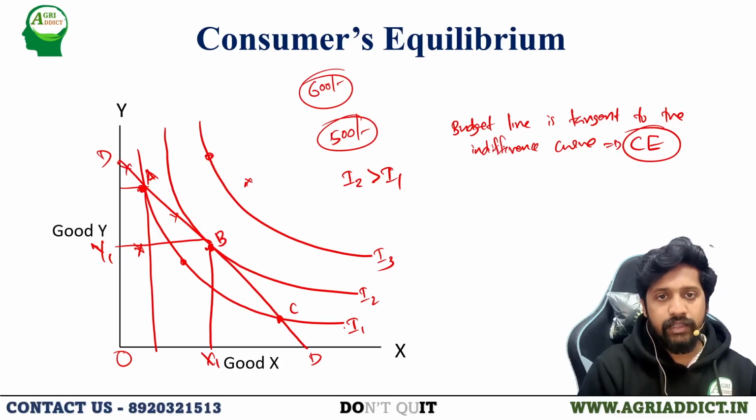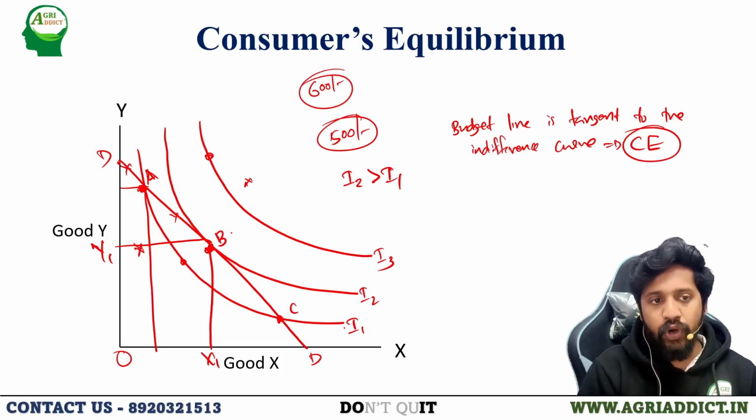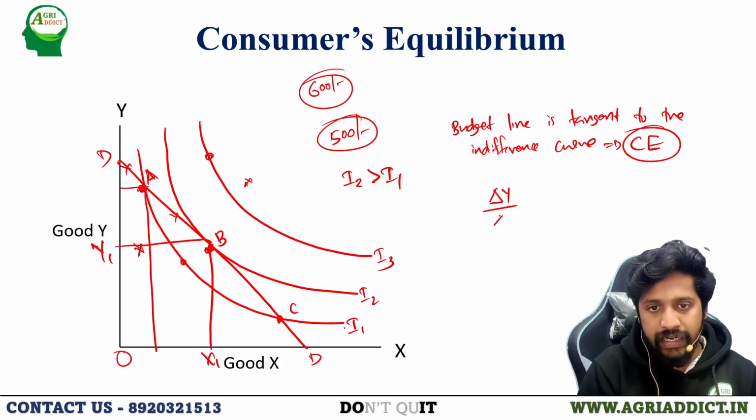So this combination B, or OX1 and OY1 quantity of the bundle, will be preferred over all those points. The consumer equilibrium will be where the budget line is tangent to the indifference curve, or we can express it like this: the slope of the budget line is nothing but the price ratio, px by py, and the slope of the indifference curve is delta y divided by delta x.